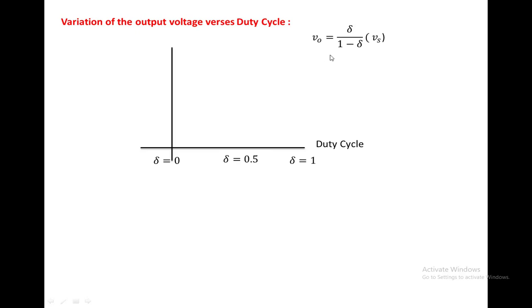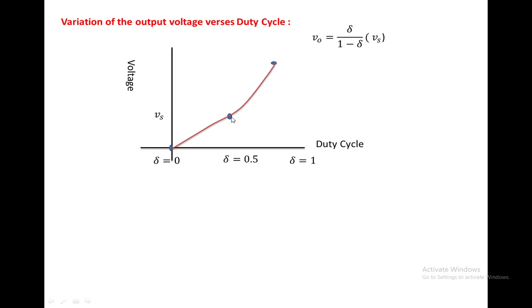If delta equals 0, the output voltage becomes 0. If delta equals 0.5, the output voltage is Vs. If delta equals 1, the expression gives an output voltage of infinity. I have marked the points here. If we join all these points, it gives the variation of output voltage versus the duty cycle.